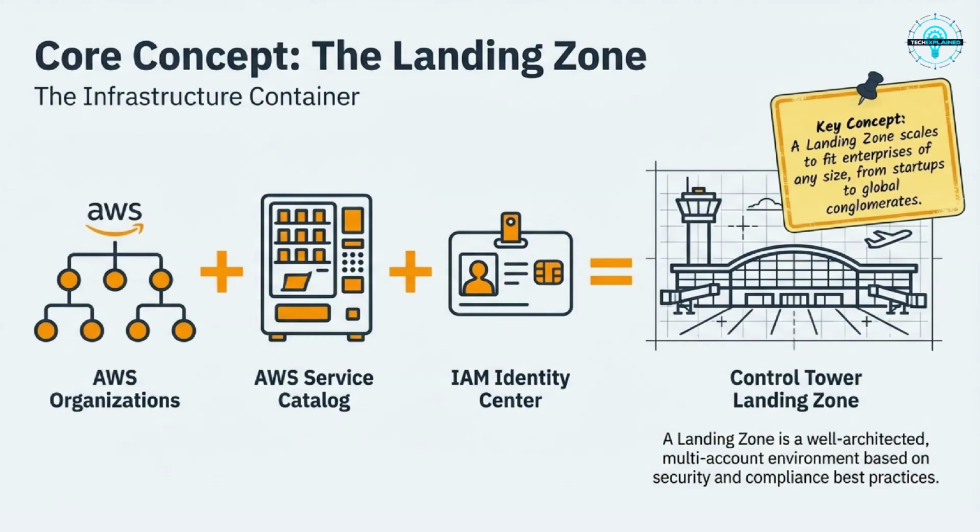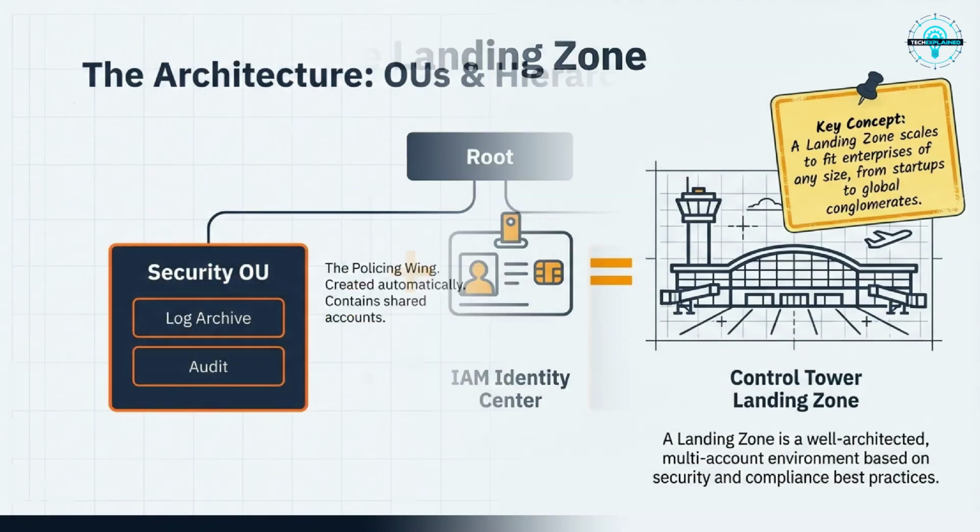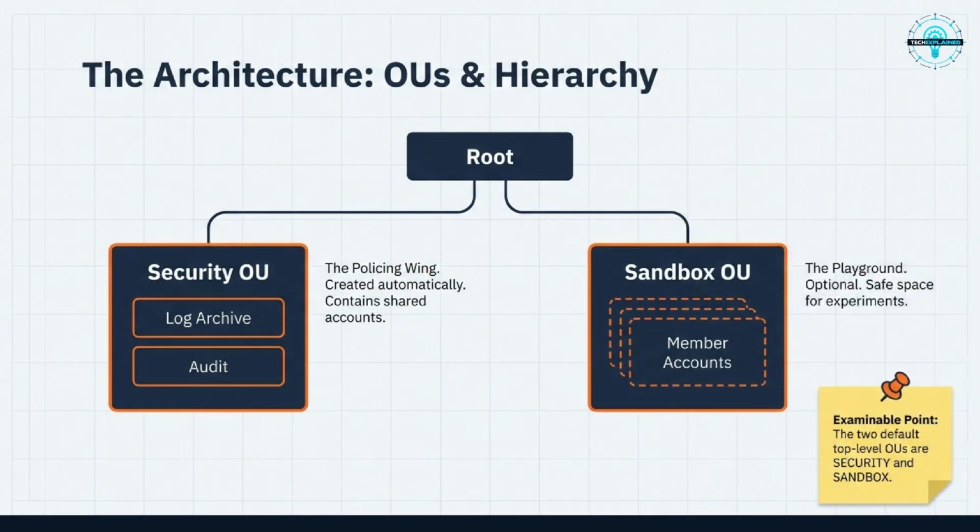You get a management account, shared accounts for logging and auditing, and a clean organizational hierarchy. It's not just a blank slate, it's a best practice environment ready to scale. For enterprises, this is massive. Instead of spending weeks manually configuring accounts and policies, you can have a secure, structured environment up and running in hours.